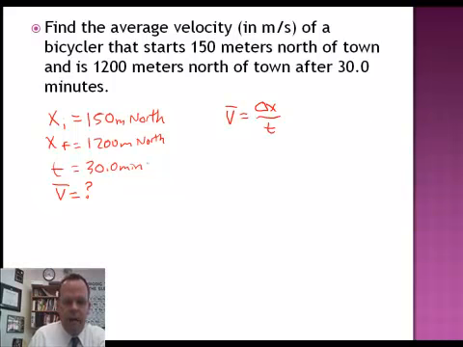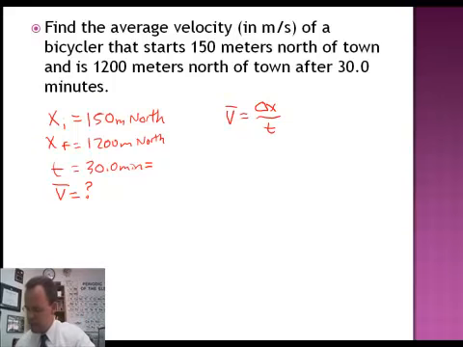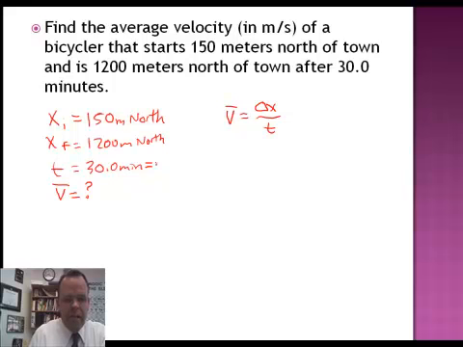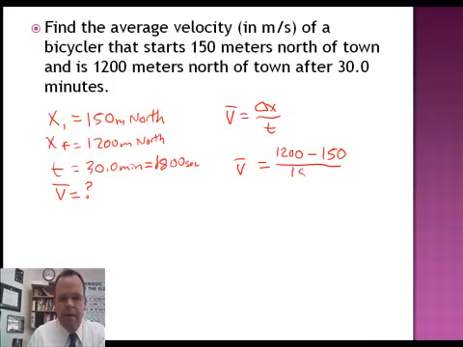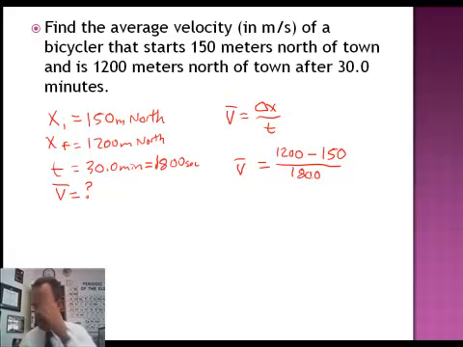I want this in meters per second, so the first thing I need to do is convert 30 minutes into seconds. So 30 times 60 gives me 1,800 seconds. So my average velocity is going to be my final position minus my initial position divided by 1,800.